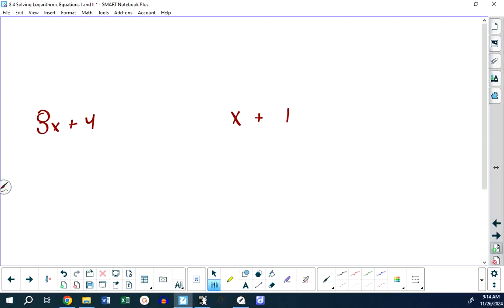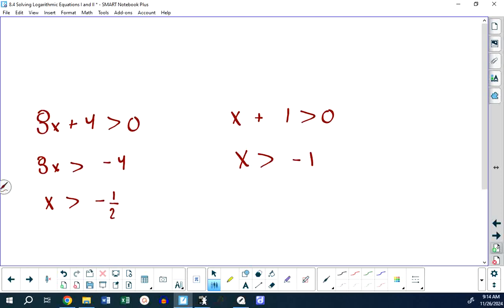These must both be greater than 0. And sometimes, and I will do this on my exam, I will say solve this logarithmic equation and state the domain of x for it. If I solve this inequality on the right, I get x is greater than negative 1, correct? If I solve this inequality, I get 8x is greater than negative 4, which means x is greater than negative 1/2. Are you with me?